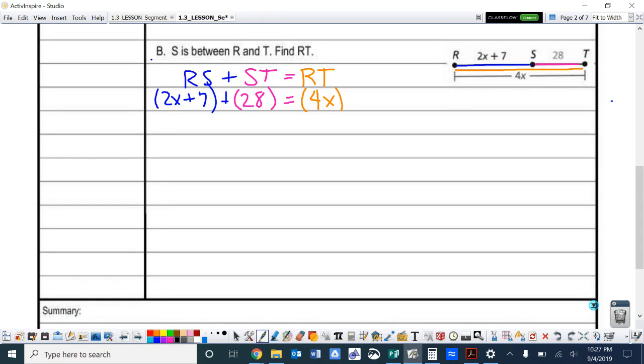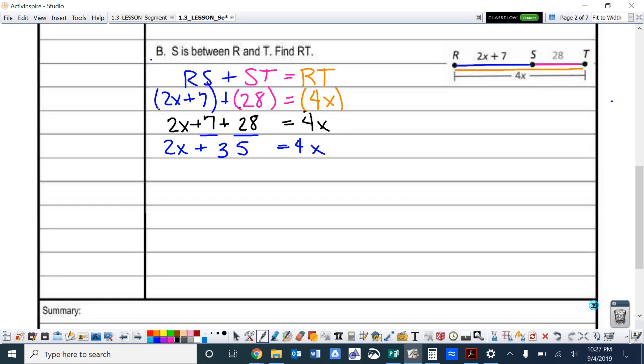All right, if we look at our parentheses, there's no negatives in front of it, no numbers, so there's no distributing. So we can just remove the parentheses and solve for x. The first thing I can see to do is to add 7 plus 28. And 7 plus 28 gives me 35, bringing down 2x and 4x. Great.